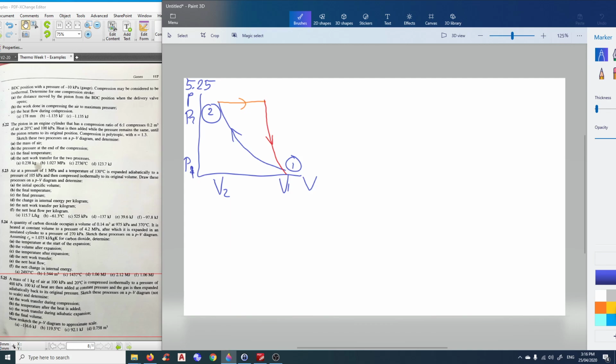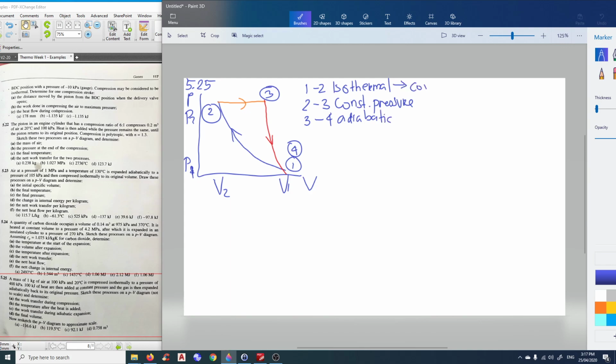So let's say this is point 3 and that's final point 4. So 1 to 2 isothermal, 2 to 3 constant pressure, 3 to 4 adiabatic.